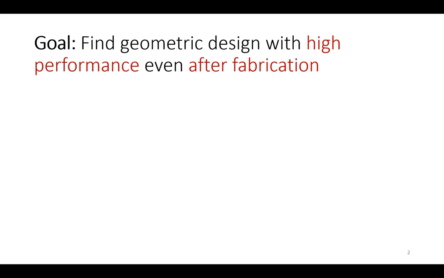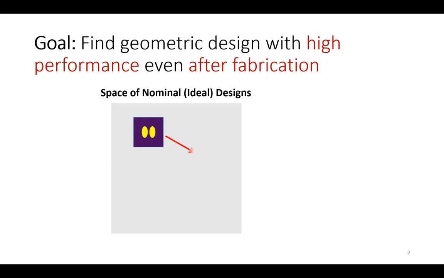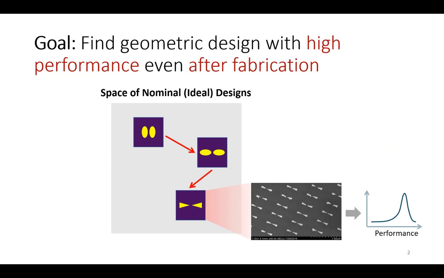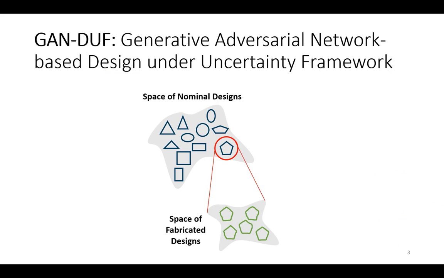The goal of this work is to find geometric designs with high performance even after fabrication. And we want to search the space of nominal or ideal designs to find the solution with high performance after fabrication. Instead of deterministic performances, we consider the distribution of performances affected by manufacturing or fabrication uncertainties.